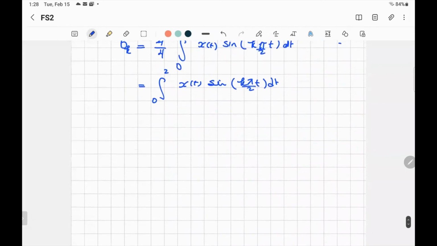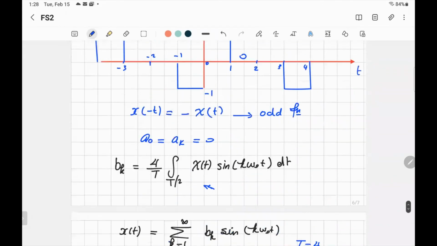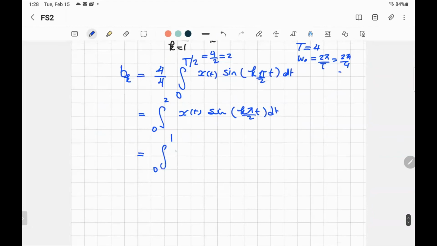It's getting simple. What's the definition of x of t? It is equal to 1. So 1 times sine k pi t over 2 dt.